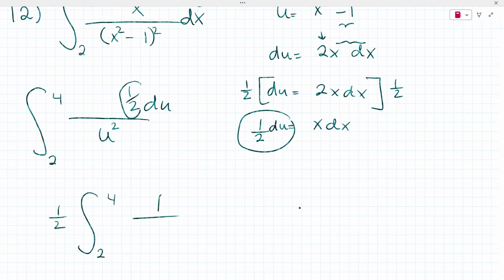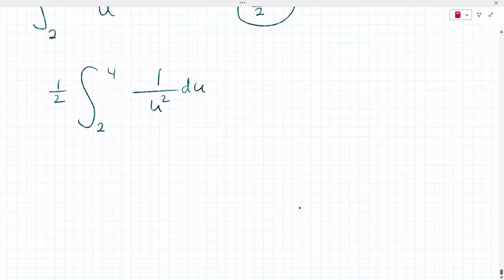Now you have 1 over u squared du. What is the integration of 1 over u squared? Please do not say ln of absolute value u. It would have worked if it was 1 over u, but it's not. So I'm going to rewrite this with a negative power: 1 over u squared is the same thing as u to the negative 2, and then you have a du.